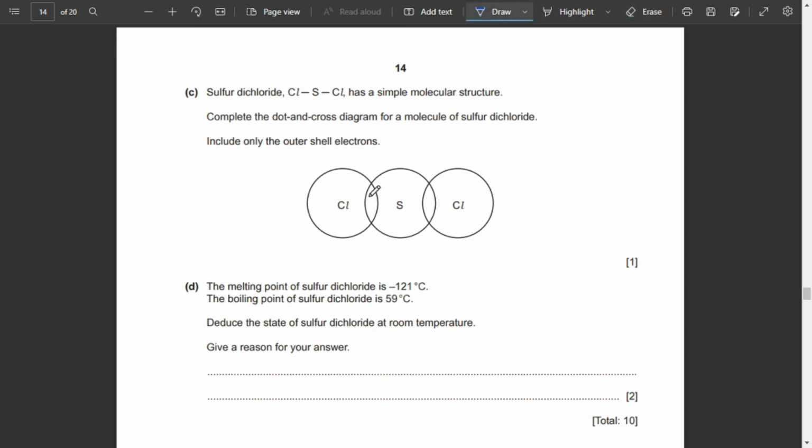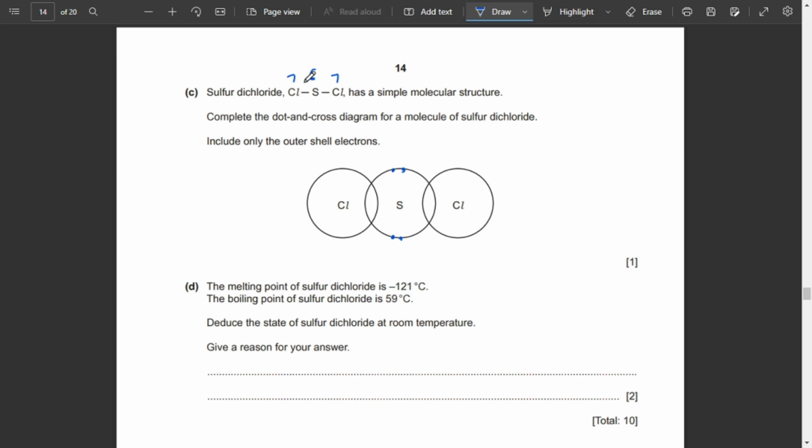First of all, let's draw sulfur. We have 1, 2, 3, 4. Always remember, do not just suddenly begin drawing the electrons. First of all, you need to know that sulfur has 6 in its outer shell and chlorine has 7. So this chlorine requires 1.